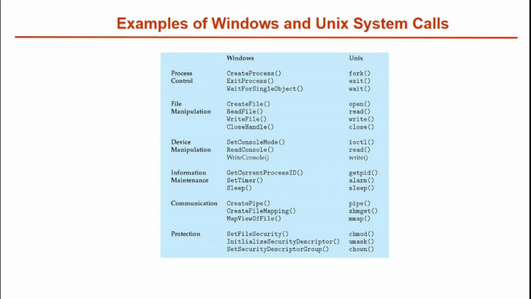In communication, we see CreatePipe in Windows and pipe in Unix, CreateFileMapping, and shmget in Unix, and MapViewOfFile in Windows, and mmap used for Unix. For protection, SetFileSecurity in Windows and chmod, change mode, in Unix. InitializeSecurityDescriptor is used in Windows, and umask is used in Unix. SetSecurityDescriptorGroup in Windows, and chown, meaning change owner, in Unix.